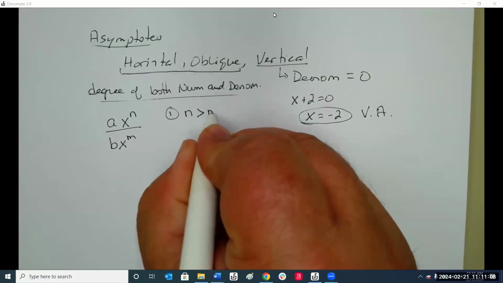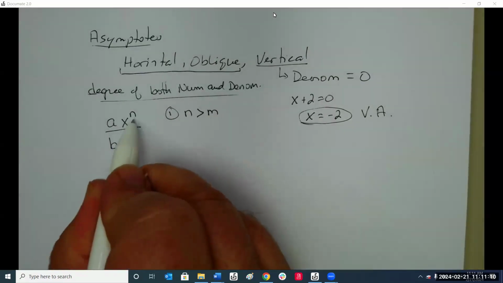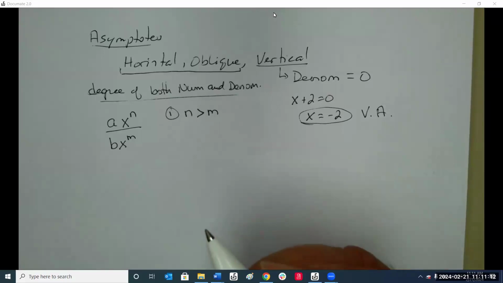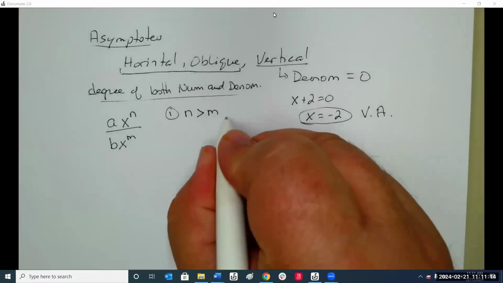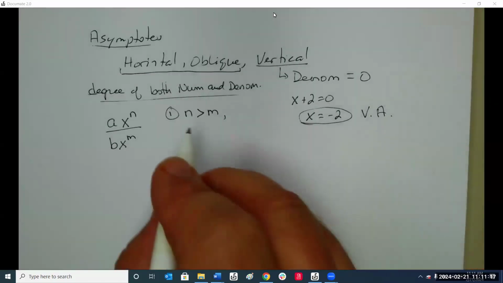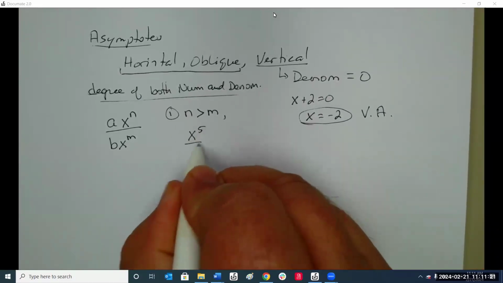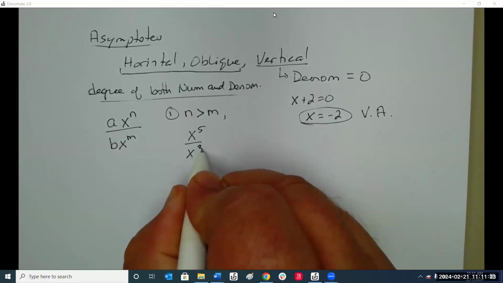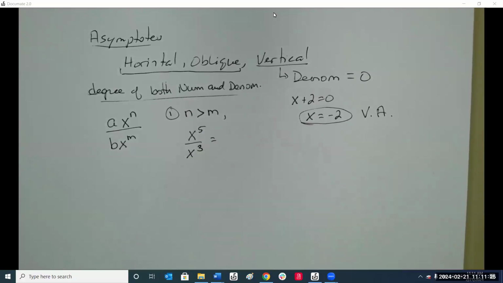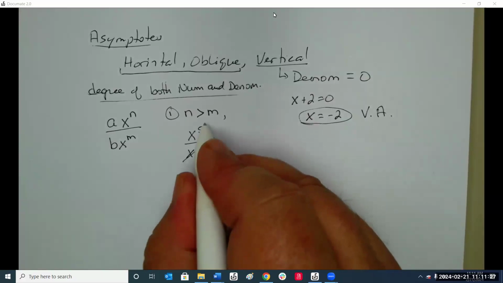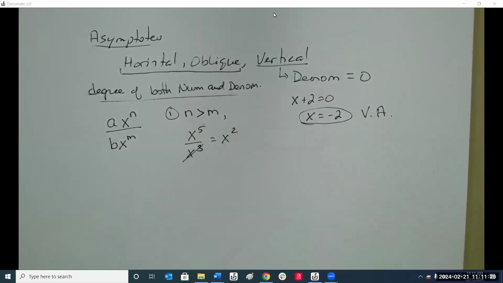If the top is bigger than the bottom, what do we know? Case in point, if we had x to the 5th over x cubed, we can cancel out 3 of them, so we have x squared.